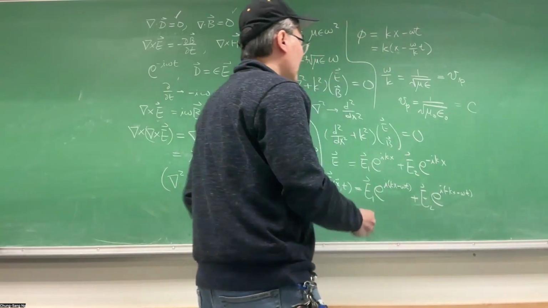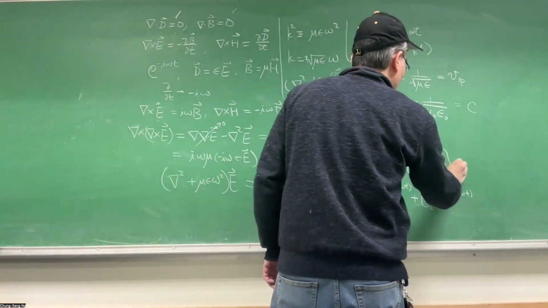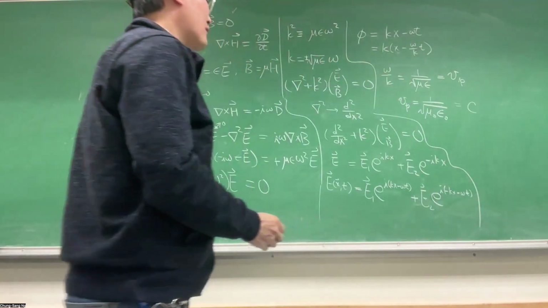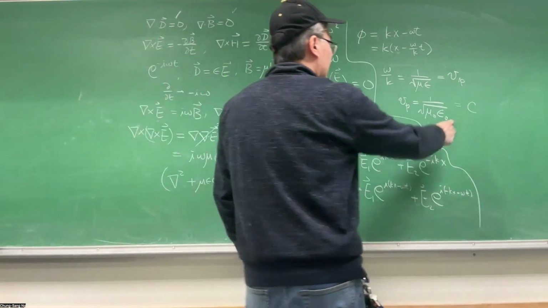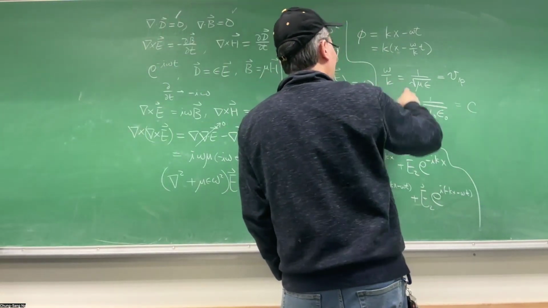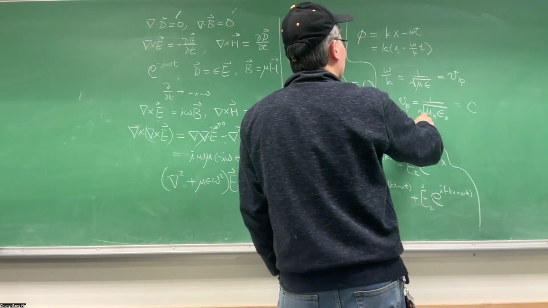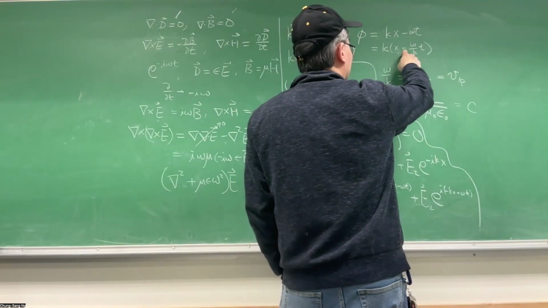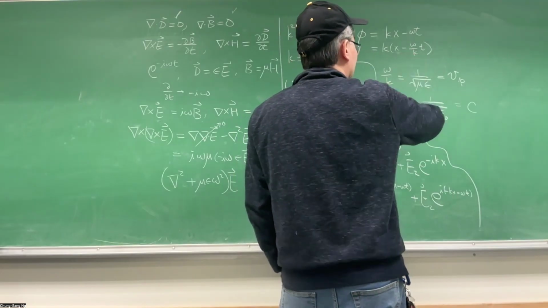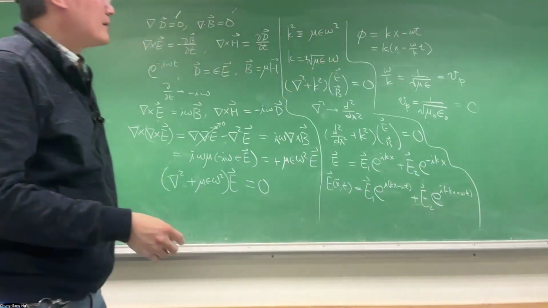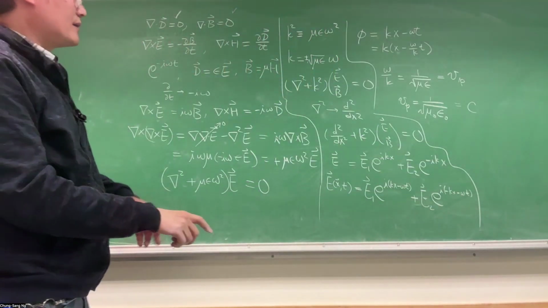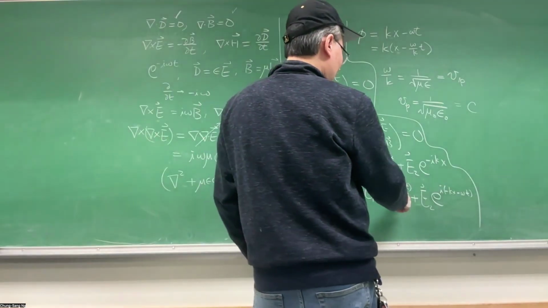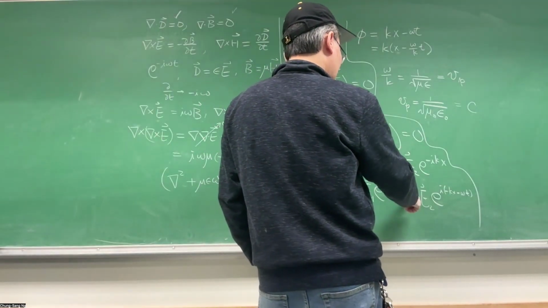And now after you solve for the wave solution, the solution of the wave equation, you see that this c for a plane wave is the speed of light. It's the speed of the phase, how the phase is propagating in time, the propagating speed of the phase, right?